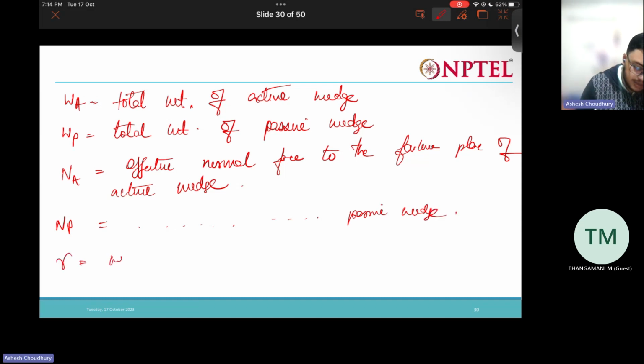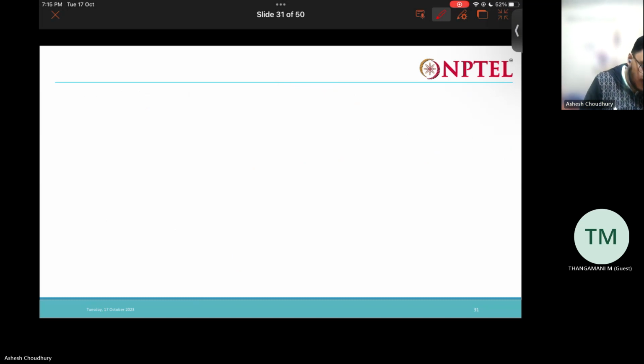Gamma is the unit weight of the soil cover, H is the thickness of the covered soil.